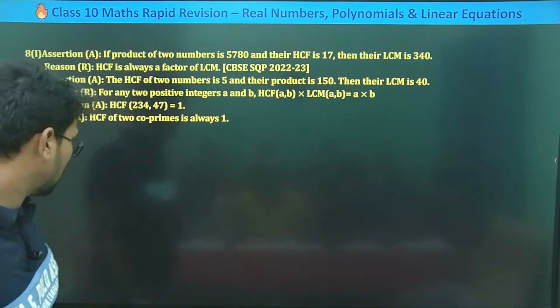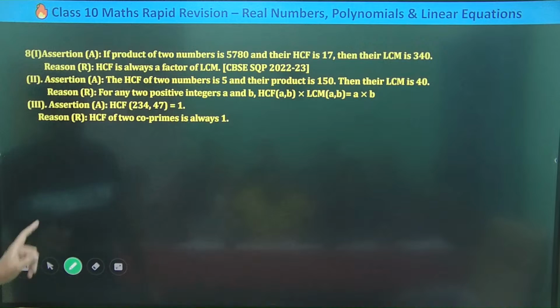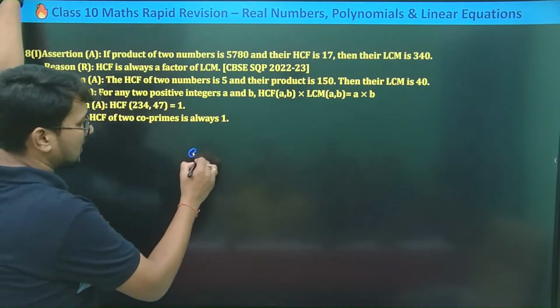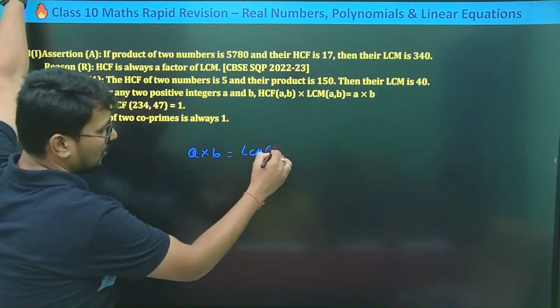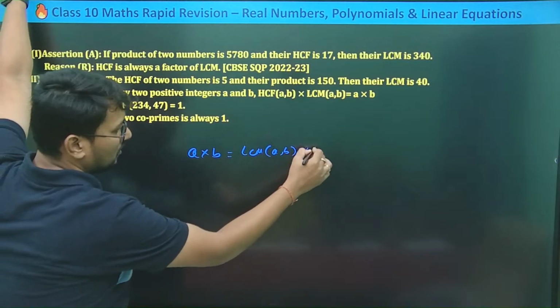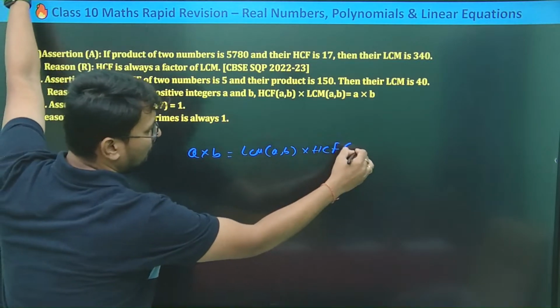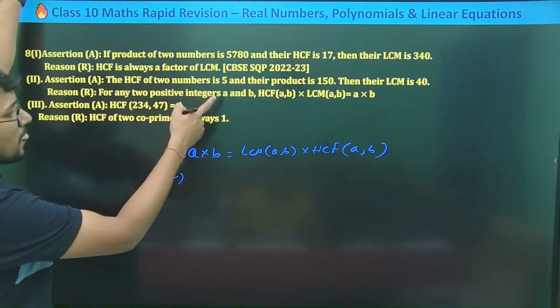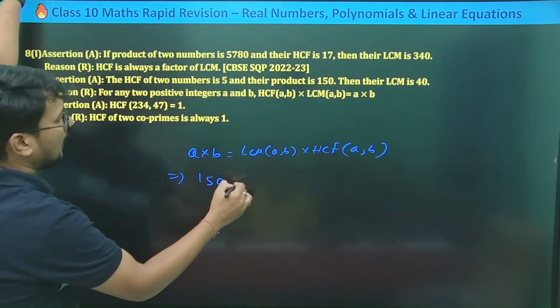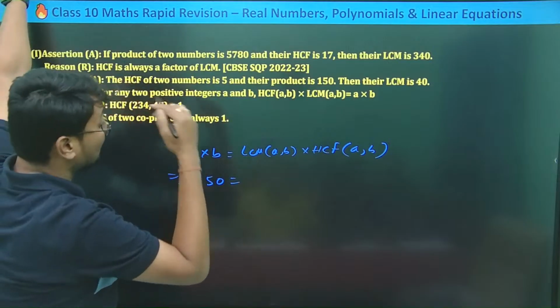Now we have discussed the product of two numbers, let them be A and B. The product equals LCM of AB into HCF of AB. The product given is 150, and HCF is 5.